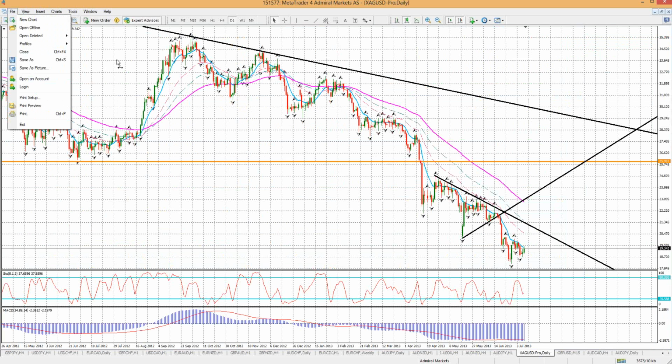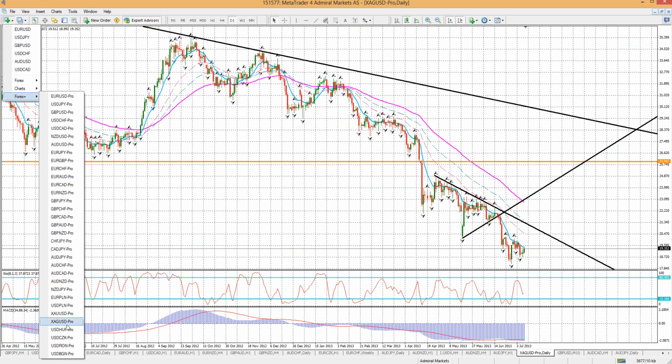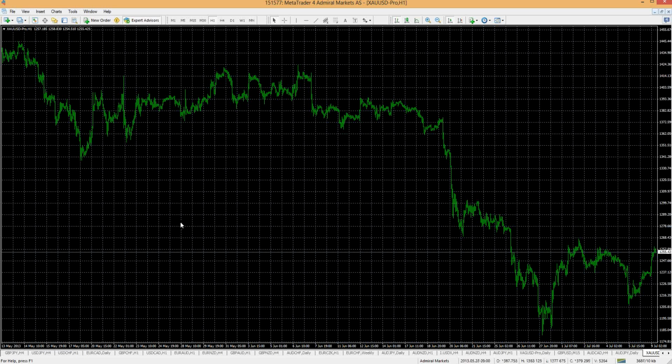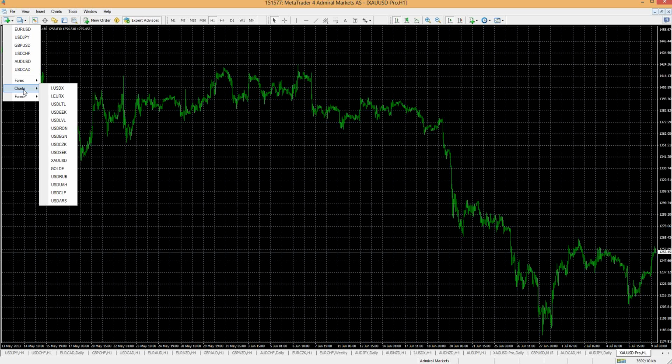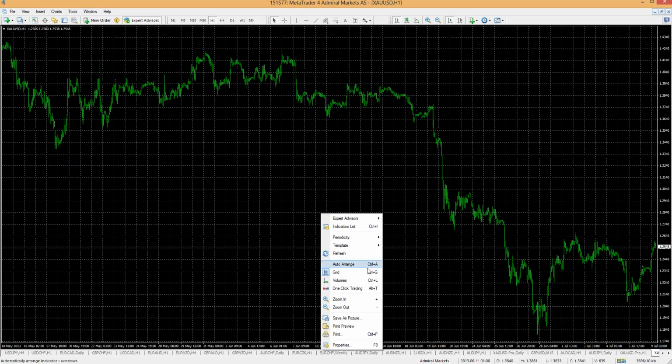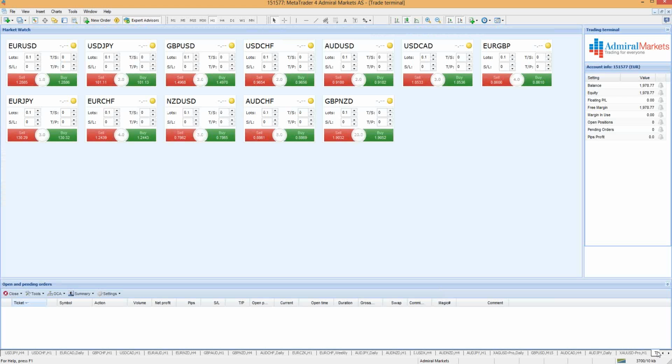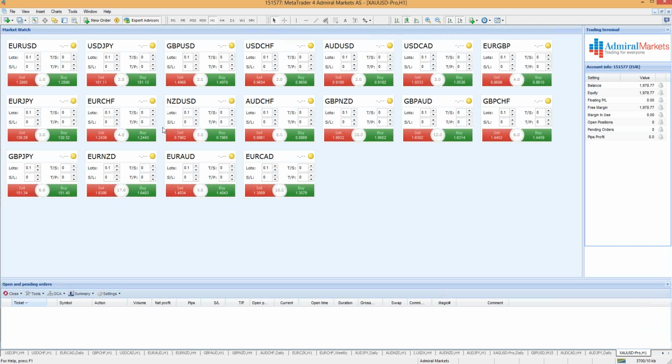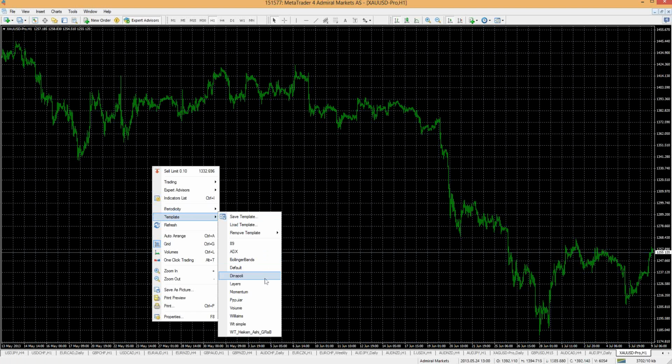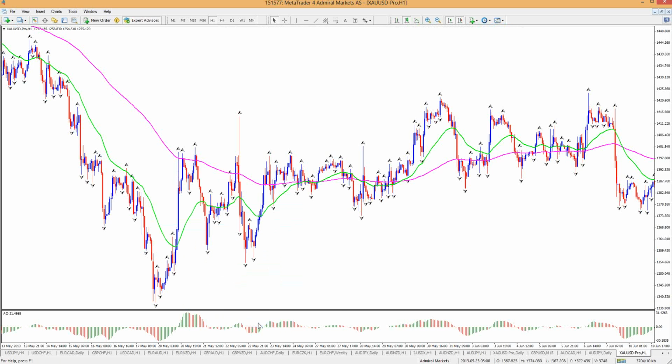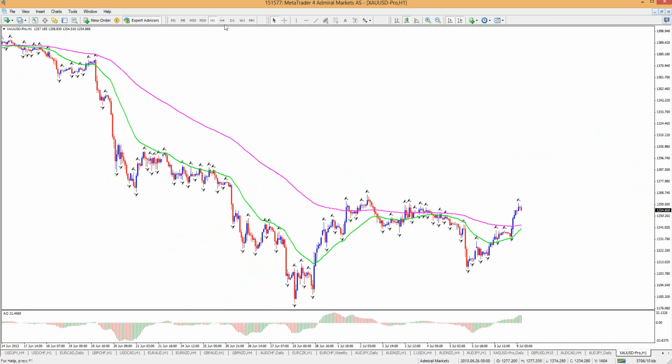That's weird. Let me use a different template. I don't know why the template is not working. Let me try a different one. Oh, this one works. There's something wrong with that template, I guess.